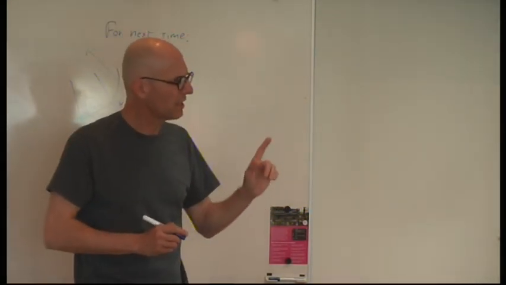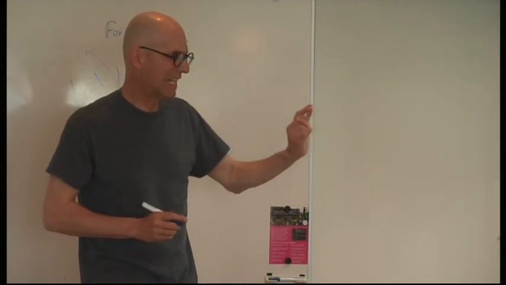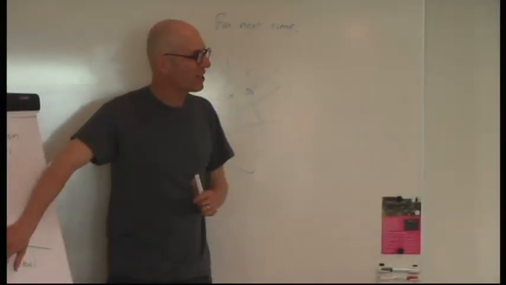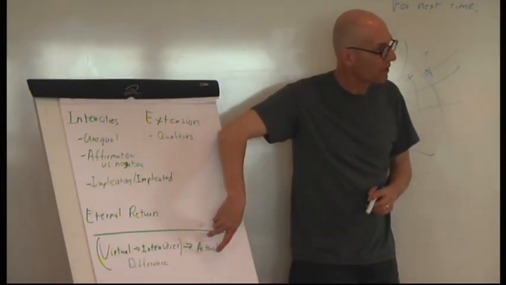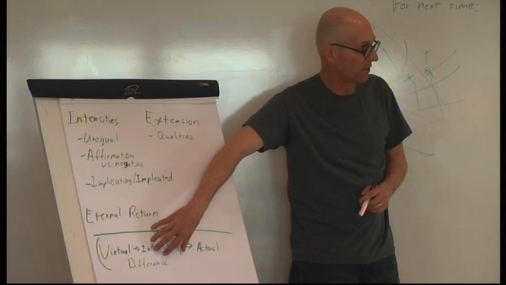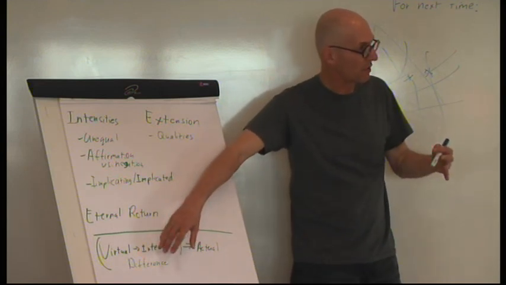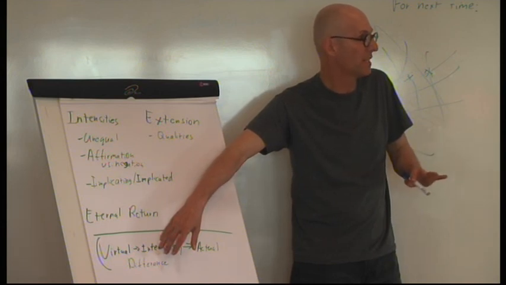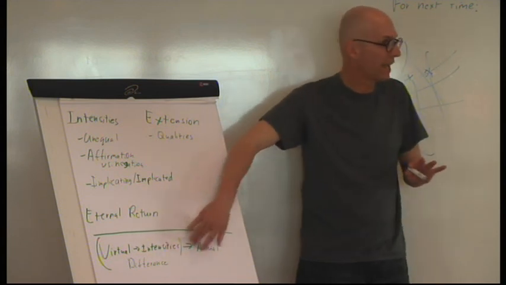I think the answer is still going to be yes, okay? But we've got to be really careful about this because, when you change the virtual, what actualizes itself is the movement of intensities, okay? So one might imagine within the virtual a raising or a lowering of a level of intensity such that it never breaks out into the actual.